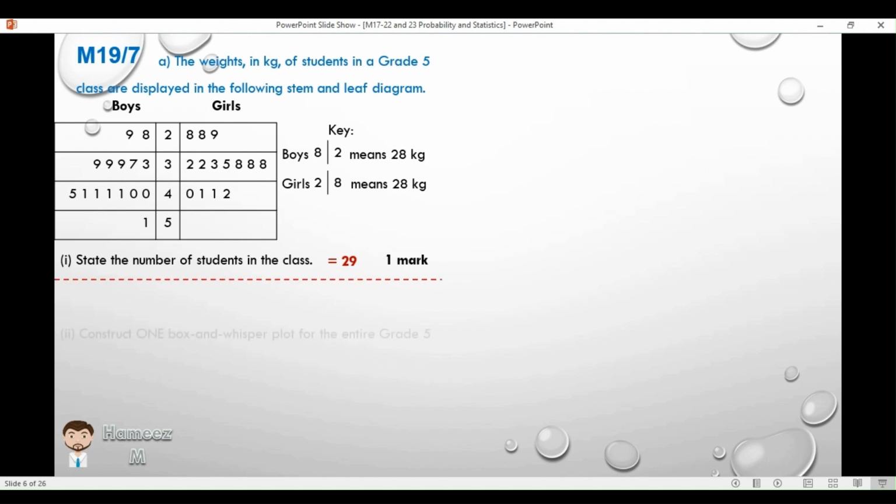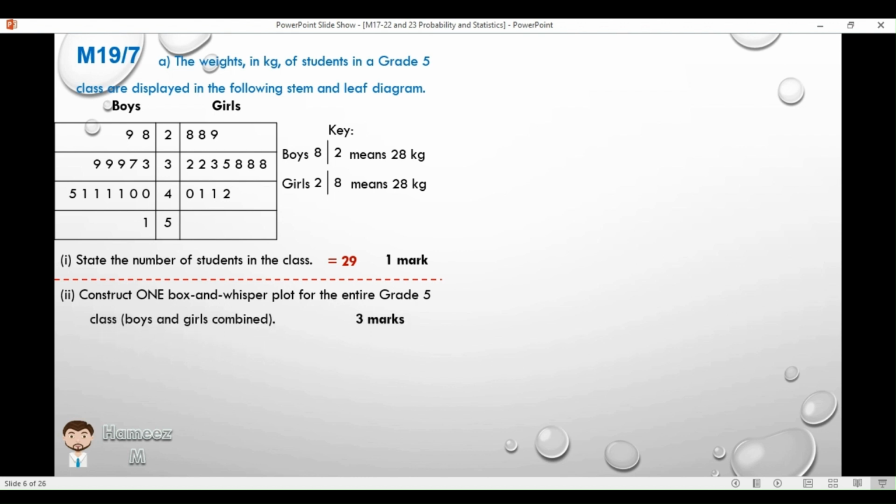Next, part 2. Construct one box and whisker plot for the entire grade 5 class, meaning we're combining the boys and girls.